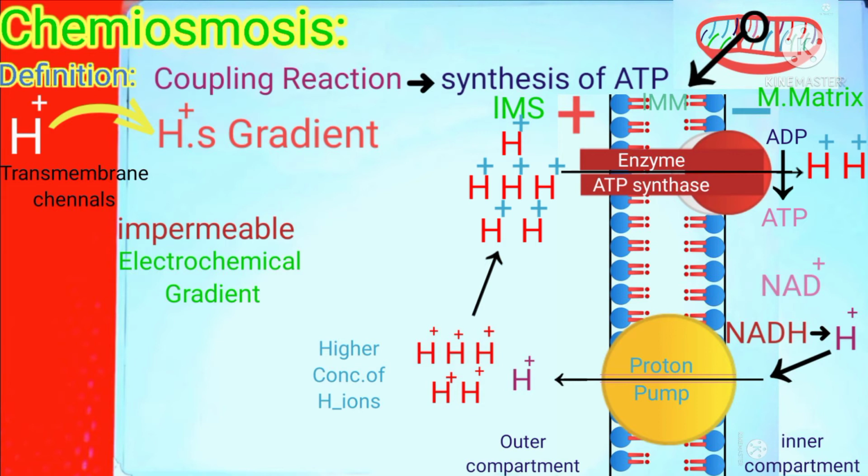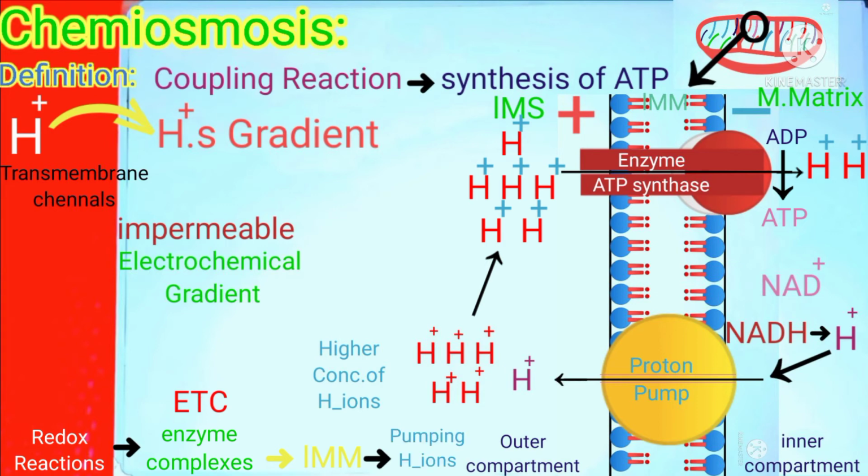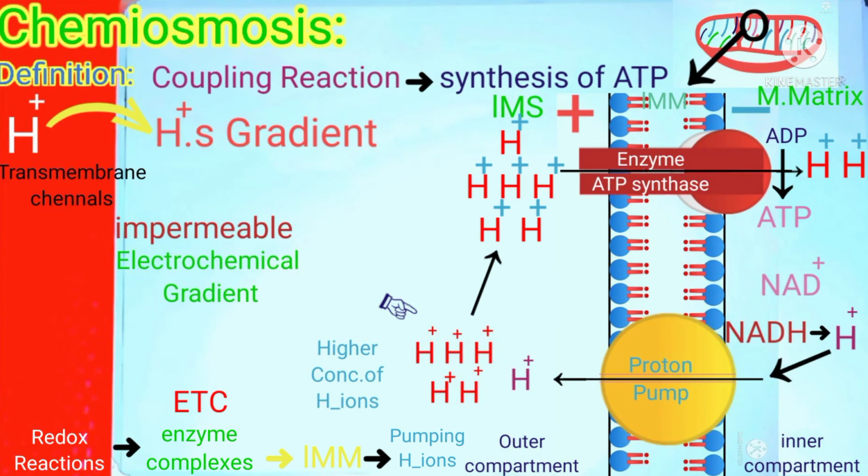Students, these are the redox reactions which occur in the enzyme complexes of the electron transport chain, which are present in the inner mitochondrial membrane, and cause the pumping of hydrogen ions from the mitochondrial matrix into the intermembrane space. These hydrogen ions are obtained from NADH2 and FADH2.